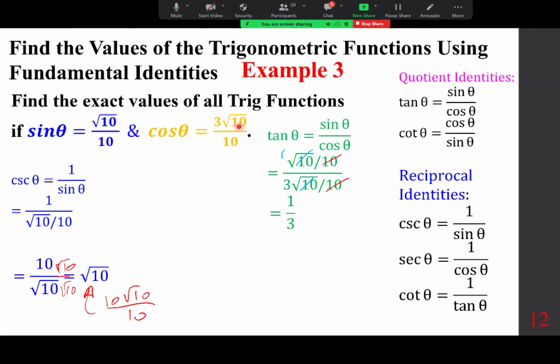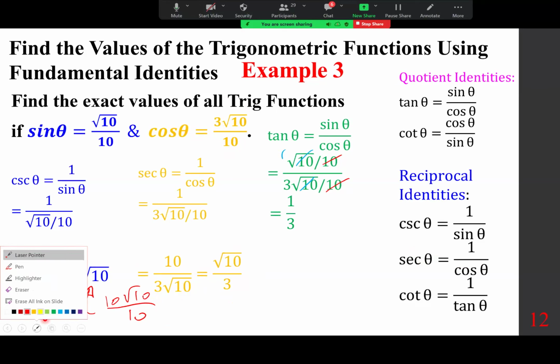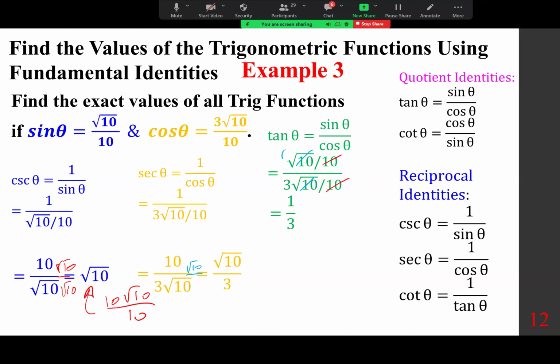Now cosine theta is 3 square root of 10 over 10. Secant theta is the reciprocal of this, which means 10 over this. And I hope again you can see that you can multiply by square root of 10 over square root of 10, and it becomes that. I'm hoping we have no problem with rationalization. If I wanted to show that this is what we get, you multiply by square root of 10 over square root of 10.